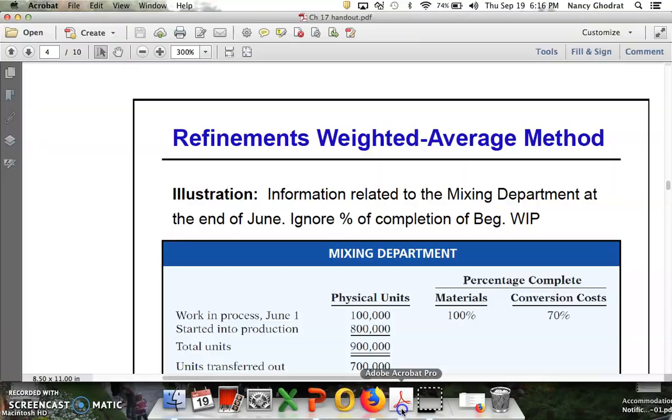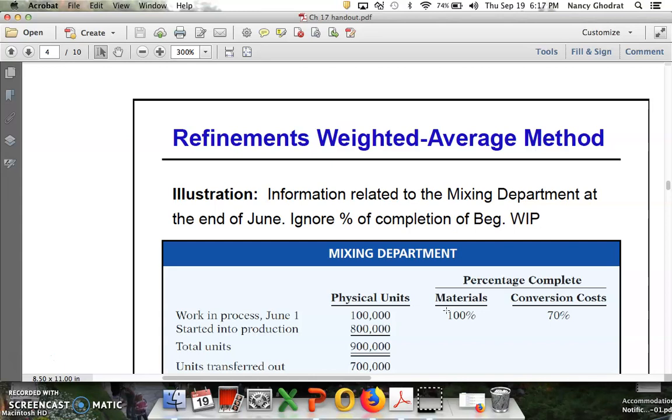So let me look at an example for you. First of all, we always might have some units sitting in work in process. In your homework, a lot of the problems start with 0. If they don't give you units in beginning work in process, then assume it's 0.